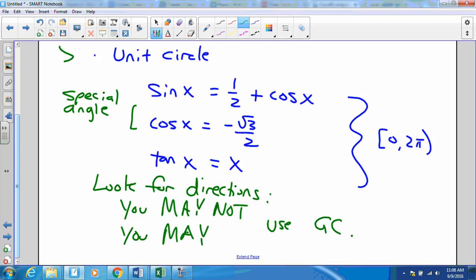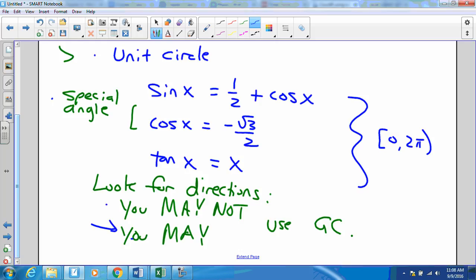So the general principle is, if you see the magic words, you may use your graphing calculator, what that really means is you should use your graphing calculator. Does that make sense? So these two context clues: if you see a special angle, go ahead, unit circle. If you can use your graphing calculator, go ahead, use your graphing calculator. And hopefully, you won't see any questions that tell you you can't use it and that you don't have special angles.